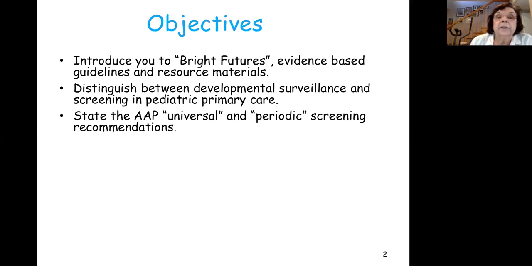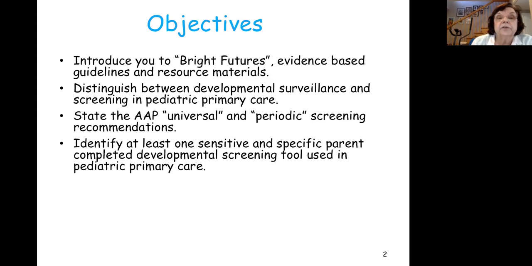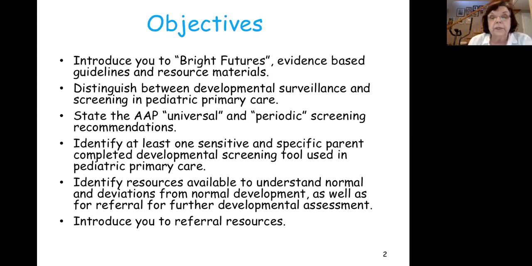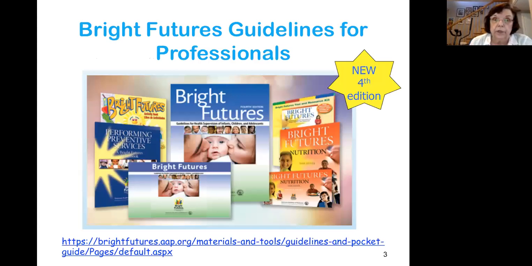And you would be able to indicate what things are universal and periodic in screening recommendations for pediatrics, identify at least one sensitive and specific parent-completed developmental screening tool that can be used in PEDS primary care, and identify resources available to understand normal and deviations from normal, as well as other developmental assessment, and introduce you to some of the referral resources that are available to all of us in the community.